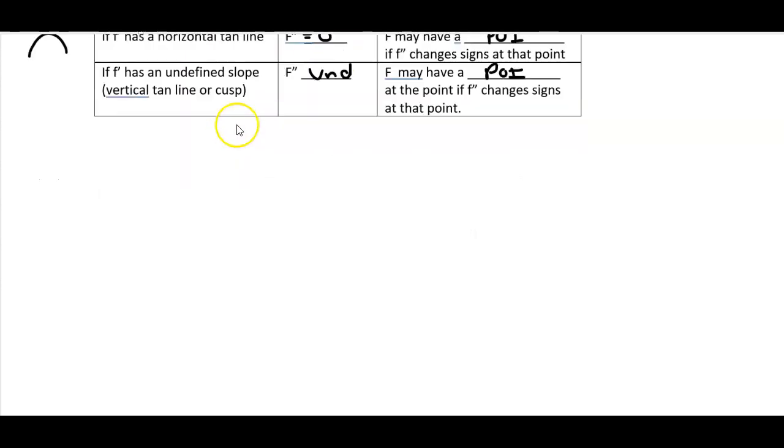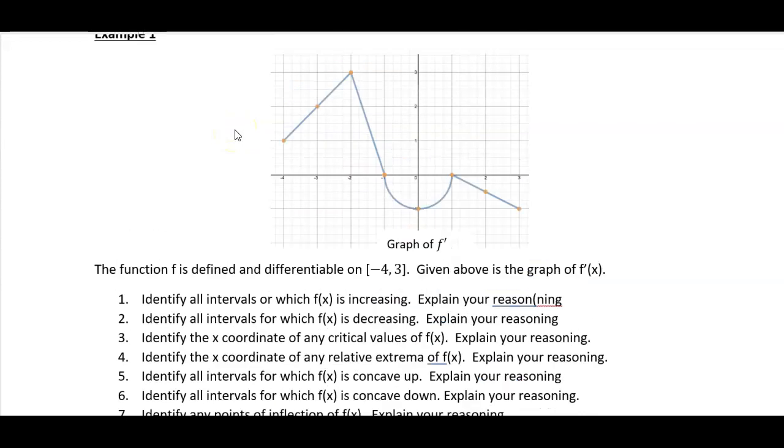So basically, I need to find anywhere on my graph of f prime where I have a positive slope. So for instance, here we've got a positive slope, and here I've got a positive slope. So in those intervals, since f prime is increasing, that means that f double prime is positive, which means that f is concave up.